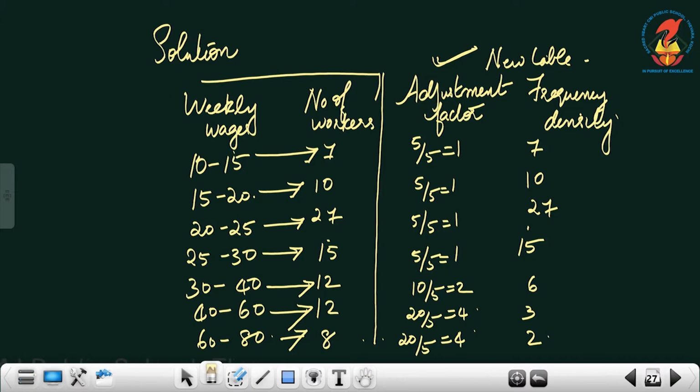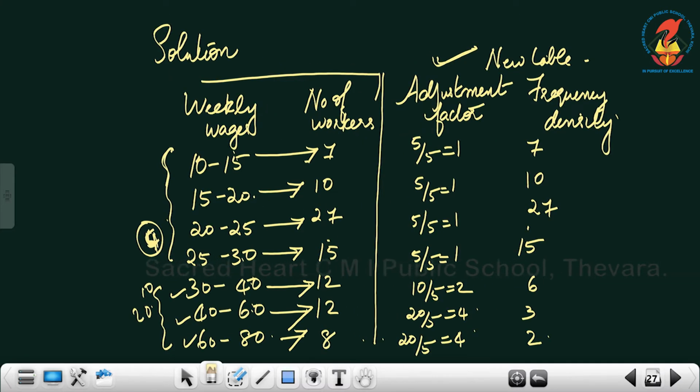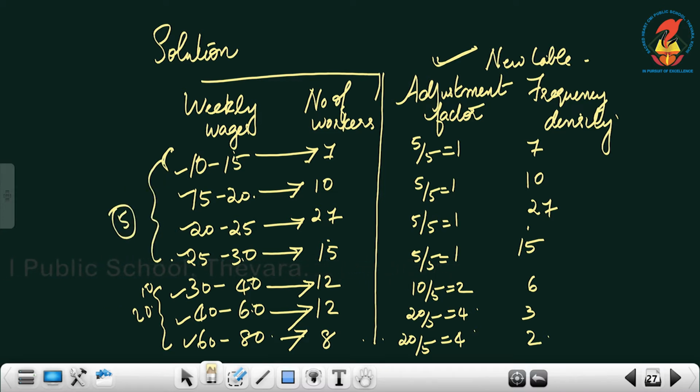For the first 4 classes, 10 to 15, 15 to 20, 20 to 25, 25 to 30, the difference of the class is 5.